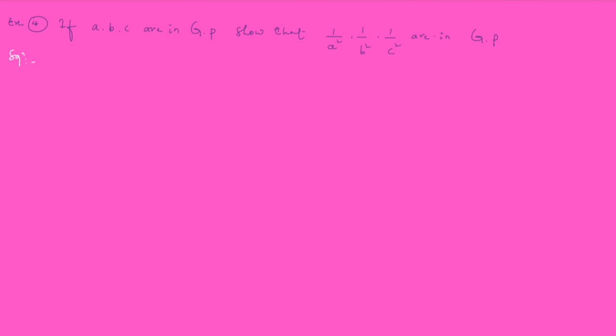Here the given a, b, c are in GP, which implies a square, b square, c square are in GP, which again implies 1 upon a square, 1 upon b square, 1 upon c square also are in GP, because there is a common ratio between any two terms.